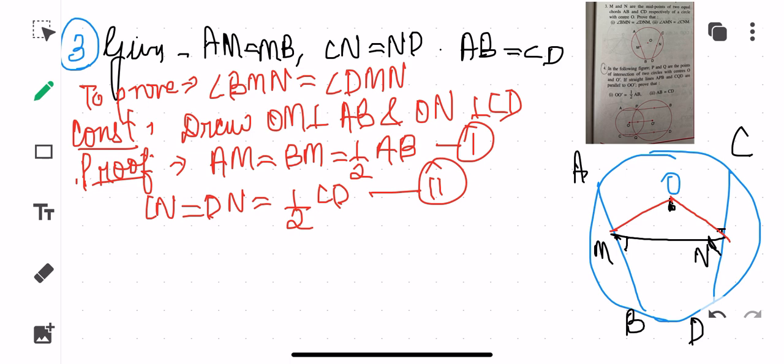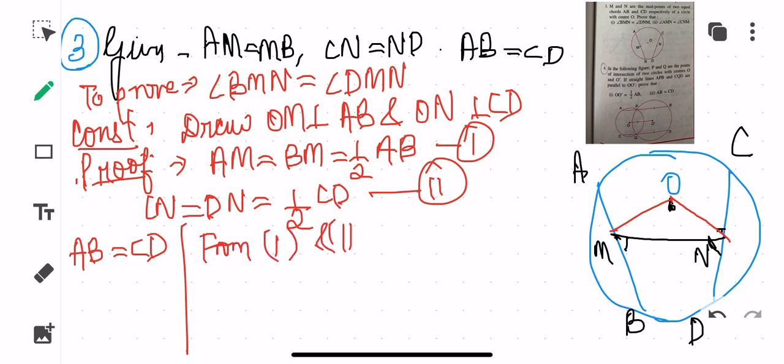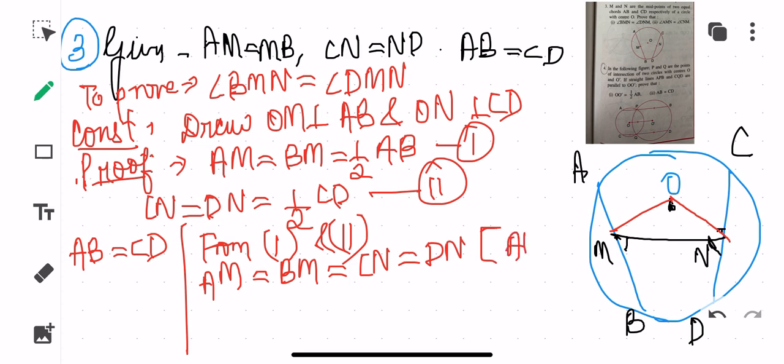Then what will you be doing, children? We have been given that AB is equal to CD. So you just write it down from here: from equations 1 and 2, AM will be equal to BM will be equal to CN is equal to DN. Why, children? Because it has been given that AB is equal to CD.